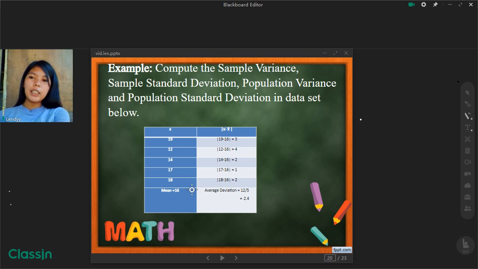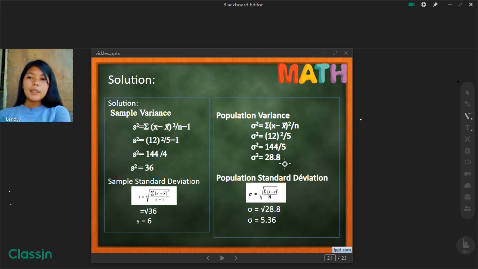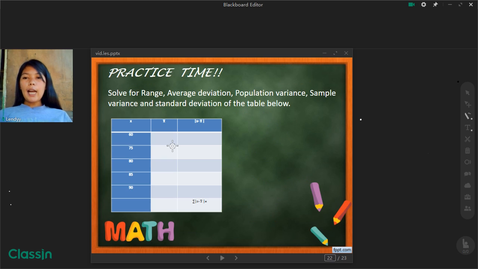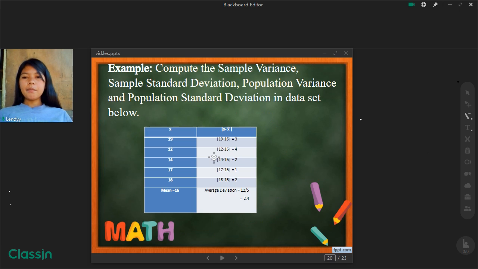So we'll just continue those. So first we will have our sample variance. So our sample variance is just simply the summation of our x minus mean.